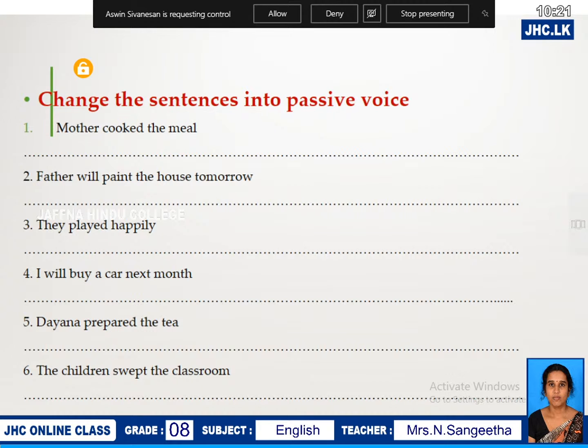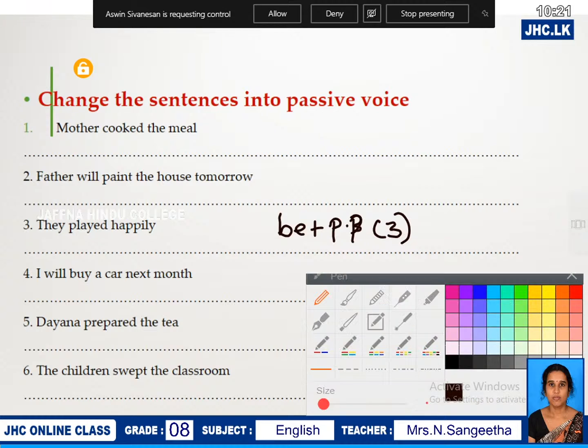The important thing when we change into passive voice is the be verb plus past participle, that means the third form of the verb.